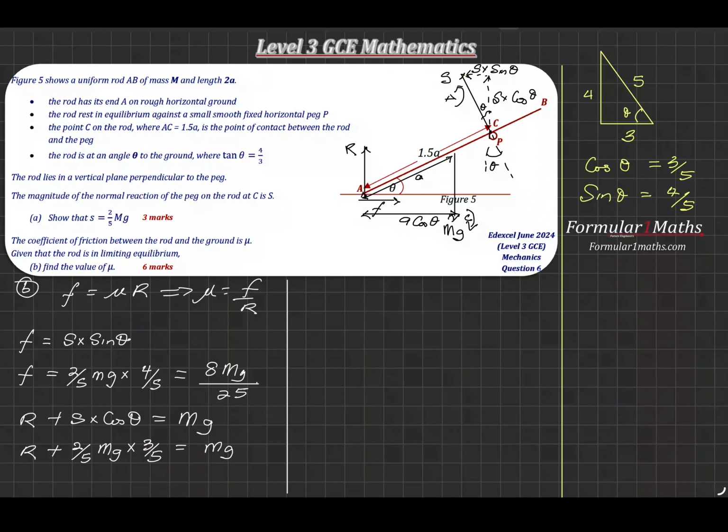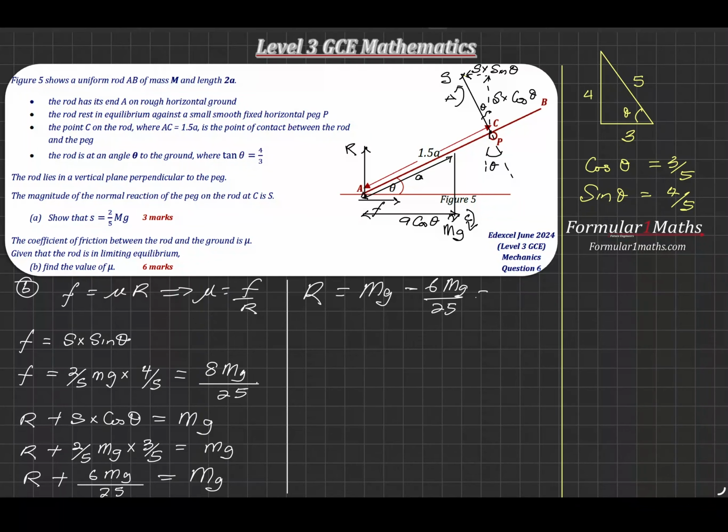So now I can simplify this fraction, and so if I do that, I'm going to get R plus 6 mg over 25 equal to mg. Therefore, R is equal to mg minus 6 mg over 25.